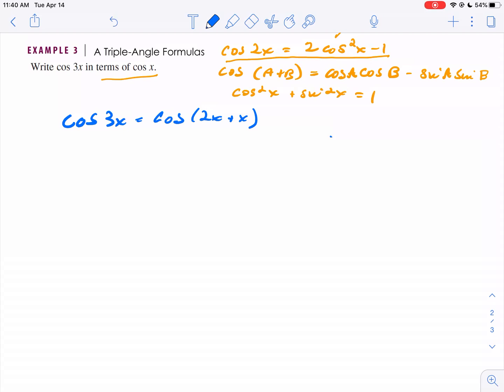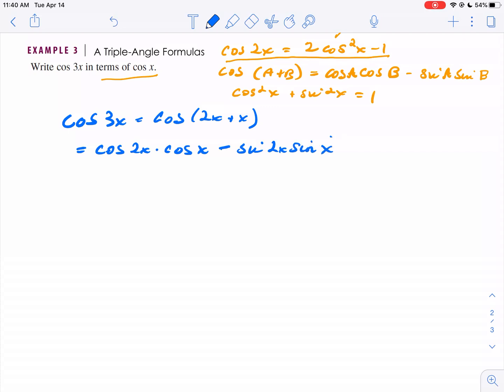And now, using the angle addition formula, I get that the cosine of 2x plus x is equal to the cosine of 2x times the cosine of x, minus the sine of 2x times the sine of x.